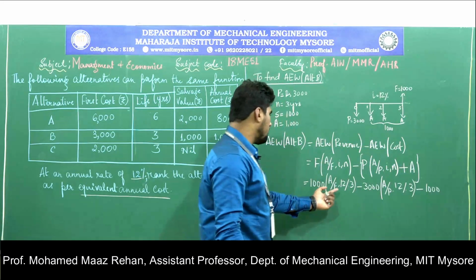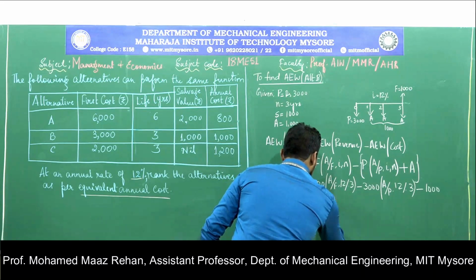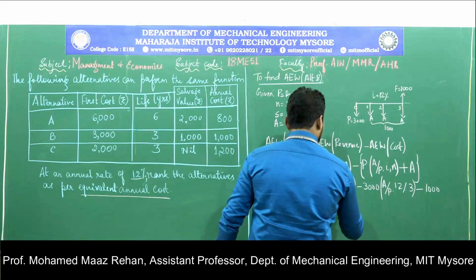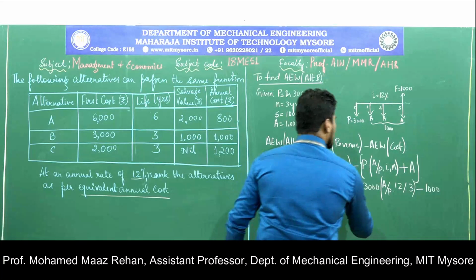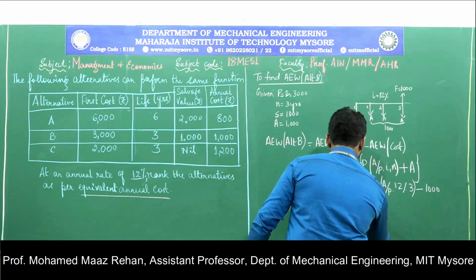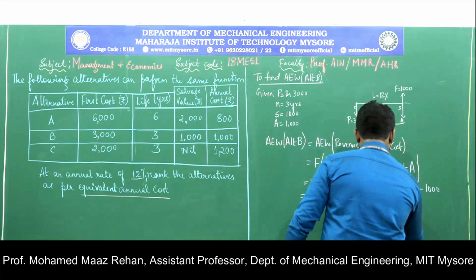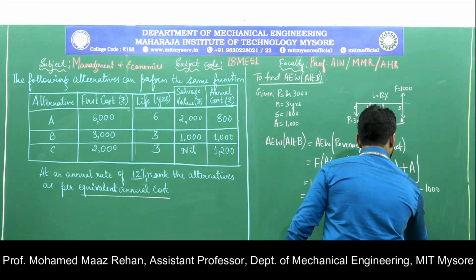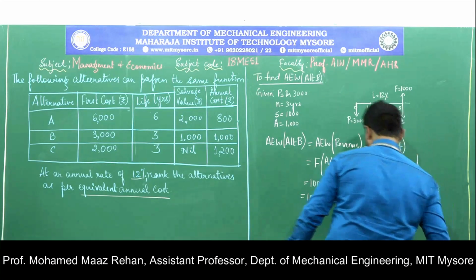From the compound interest table, you will get A bar F as 0.2963 minus 3000, and for A bar P you will get 0.4163 minus 1000.